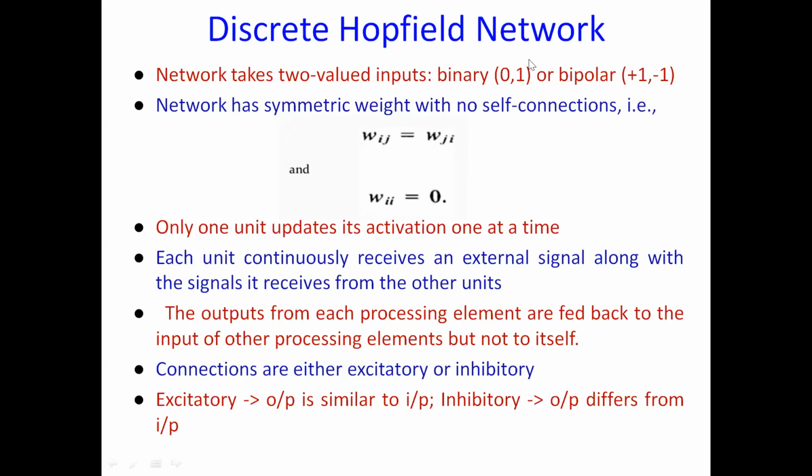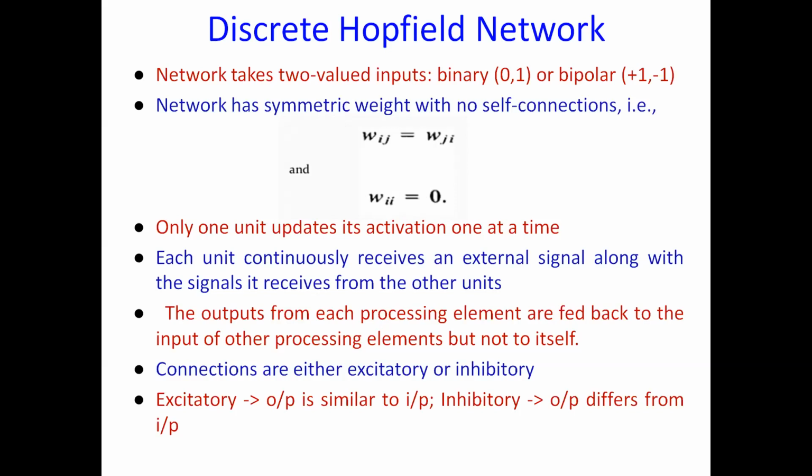In this network, only one unit updates its activation at a time. No simultaneous process can happen. So each unit continuously receives an external signal, along with the signals it receives from the other units.